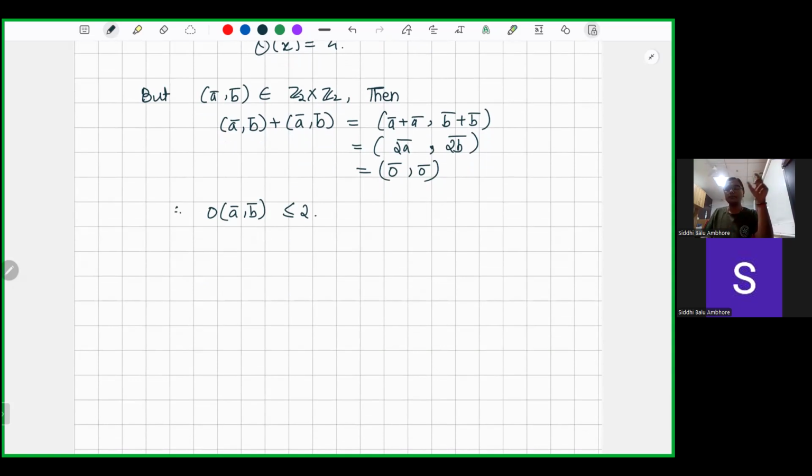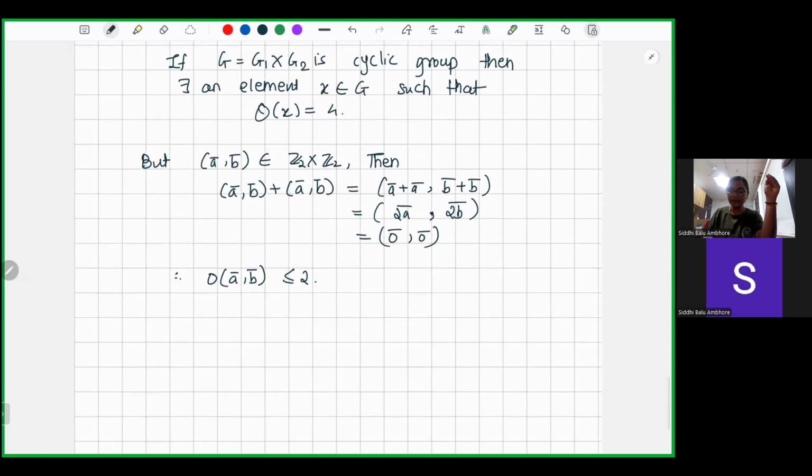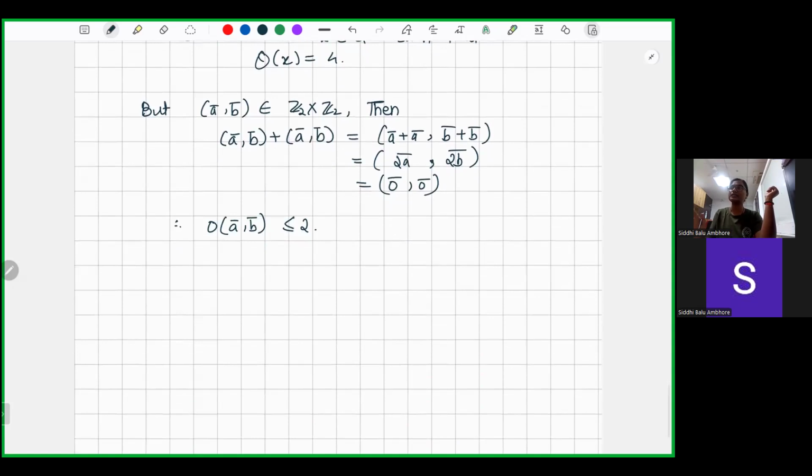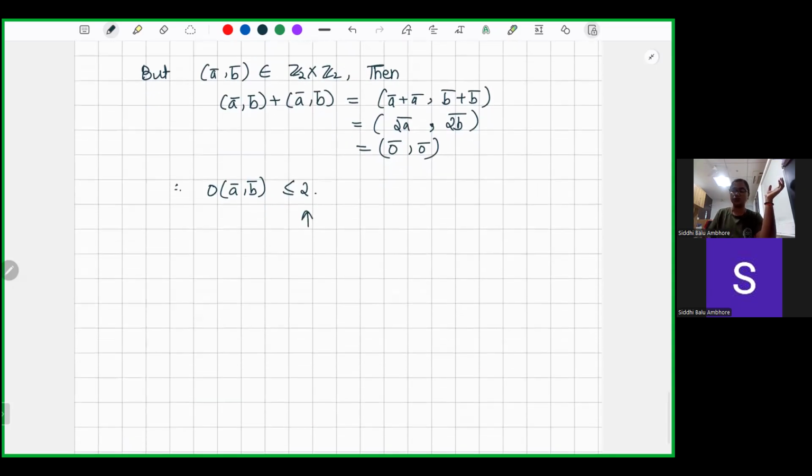So given any element in this G, that is Z2 cross Z2, the order of every element is less than or equal to 2. But if my G was a cyclic group of order 4, then there must exist some element of order 4 in G. But that is not possible because every element has order less than or equal to 2.